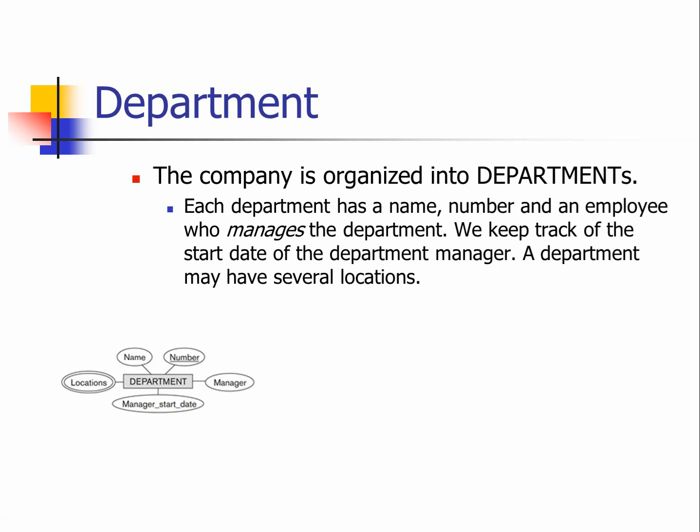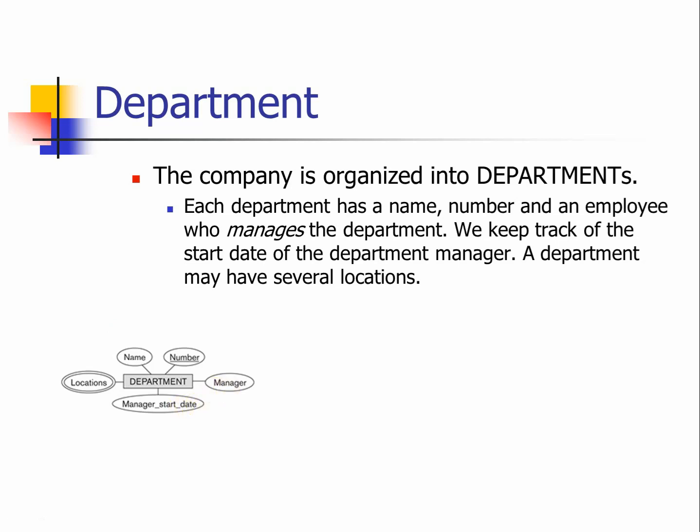A common error, number 1, is that instead of attaching the manager start date to the department, you draw a line connecting manager start date to the manager, trying to represent that manager start date is associated with the manager. I understand the logic behind that, but it's incorrect, because if you draw an attribute to another attribute, that indicates a composite attribute. So it cannot be right if you simply draw a line from manager start date to manager.